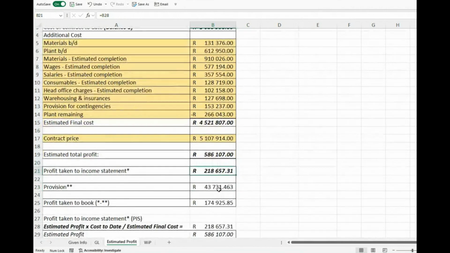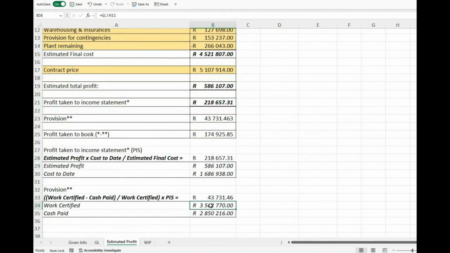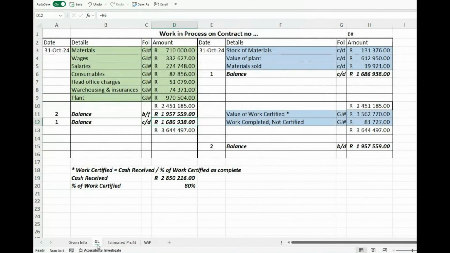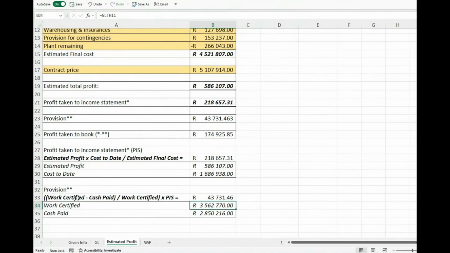You get that information from your GL, where you've calculated it. So that's the work certified minus the cash paid, divided again by the work certified, and that you are going to multiply by the profit that you took into the income statement.